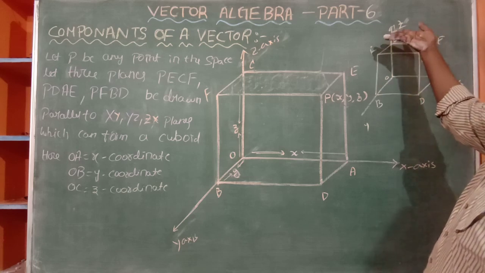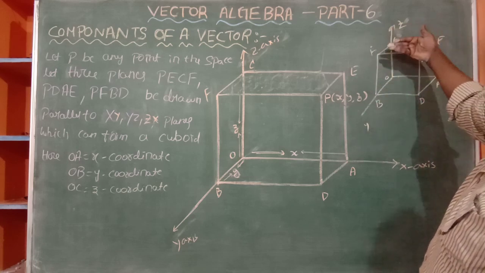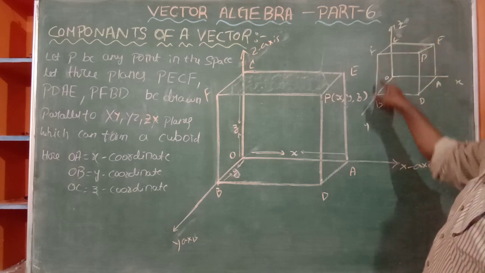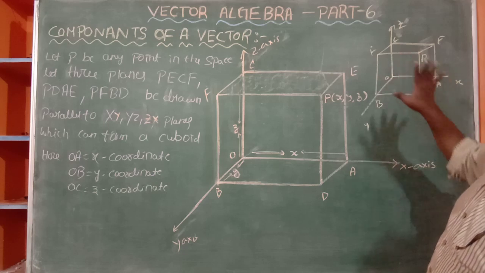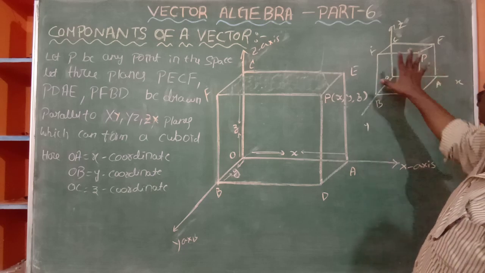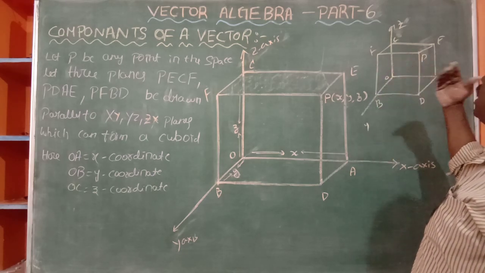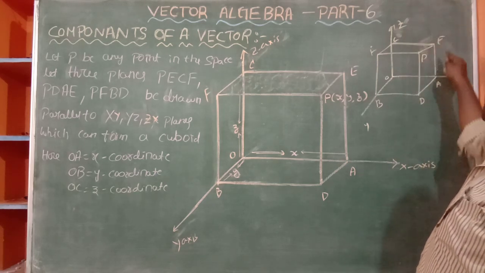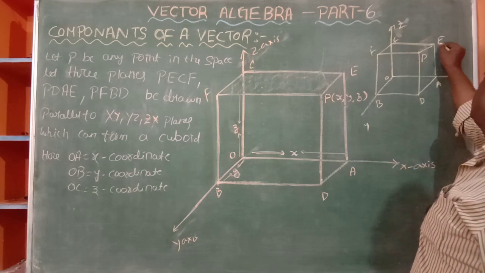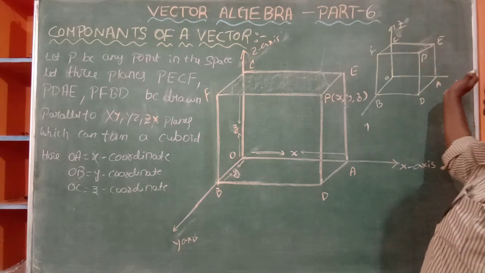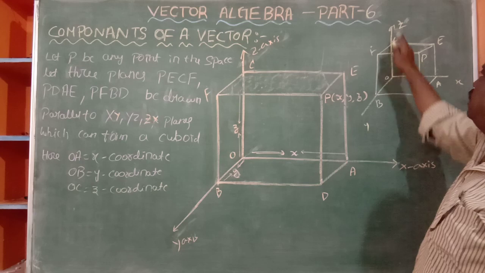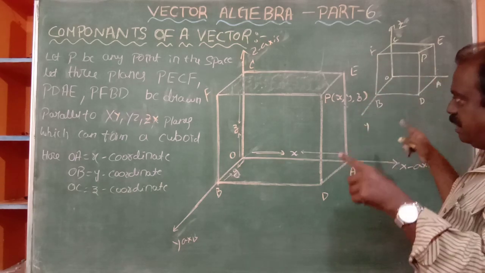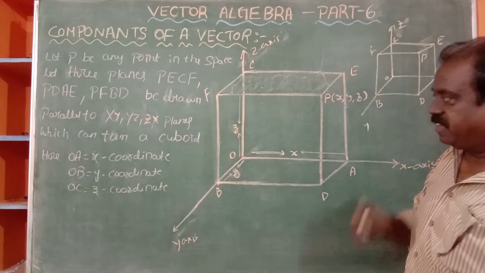PDCF is the top, just like a lid. It is parallel to the ground. Again, PFBD, this side, is one plane. It is parallel to the XOZ plane. And PDAE, this side wall, is a plane parallel to the YZ plane. Like that, so that we can get a cuboid. That is the main thing.